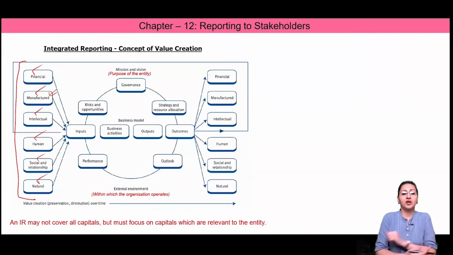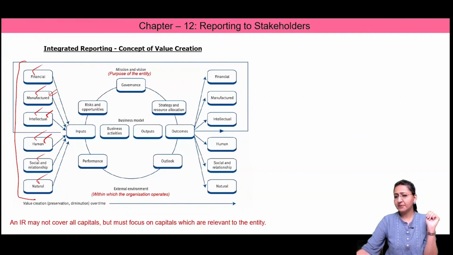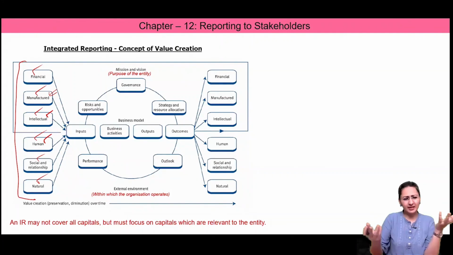Done. Okay. So I was saying manufactured capital must include 2 things. Number 1, your goods. Number 2, your land and building, plant and machinery. That is also manufactured capital, which you are using in the production process. Then comes intellectual capital. Intellect means the knowledge of the employees of the organization. Then human capital means people's health, people's knowledge, people's skill.